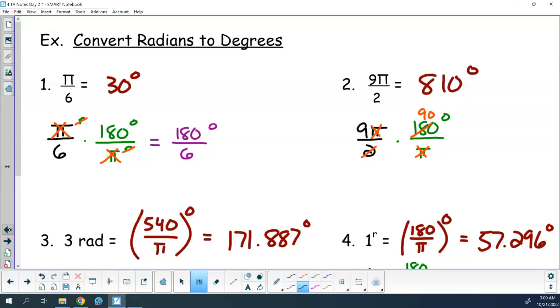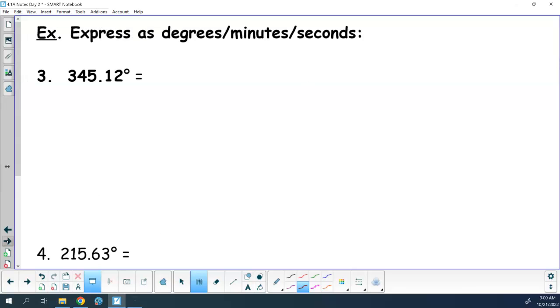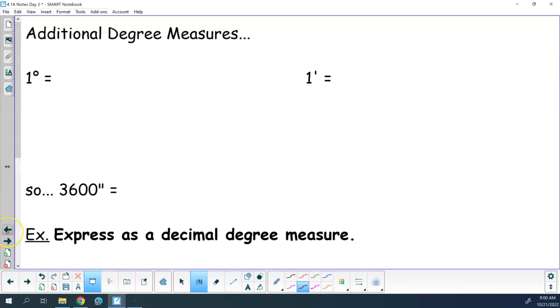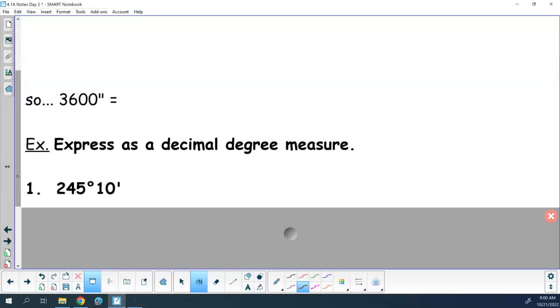Okay? The other one that we have is called DMS. And DMS stands for degrees, minutes, and seconds. Okay? And converting back and forth between those two, so this would be like a decimal degree, and this one down here would be degrees, minutes, and seconds.